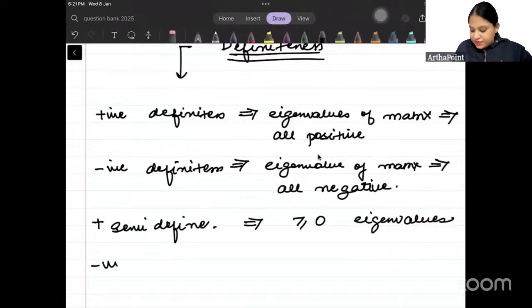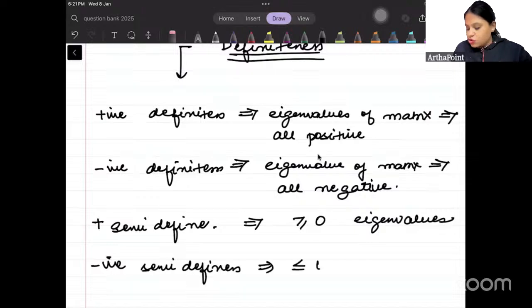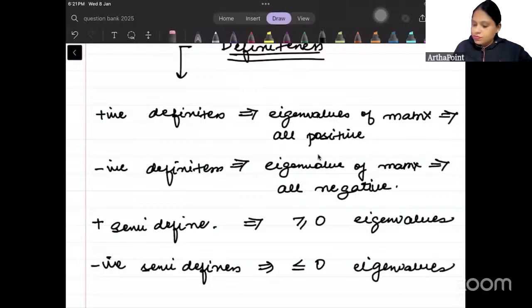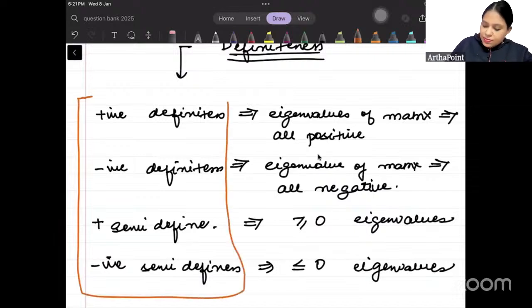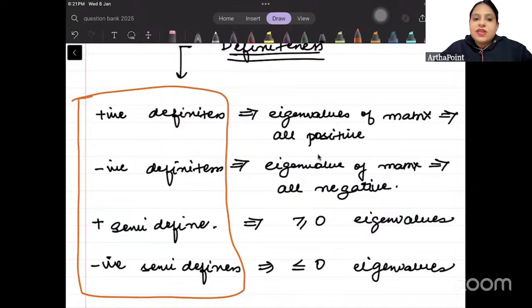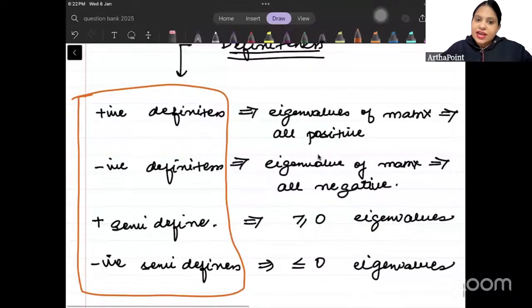And for negative semi-definiteness, the eigenvalues should be less than equal to 0. This is another way to test positive or negative definiteness and semi-definiteness of the matrix. Let us go ahead. Let us take some examples and things will become clear.